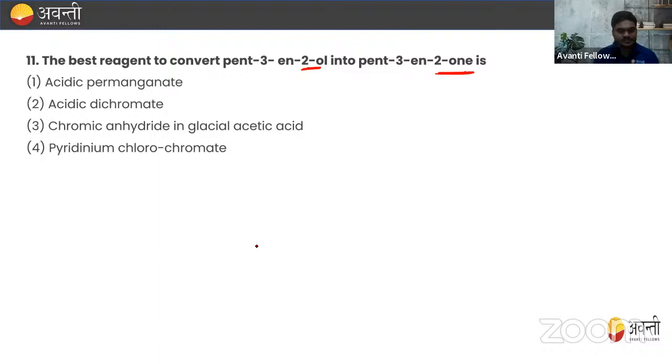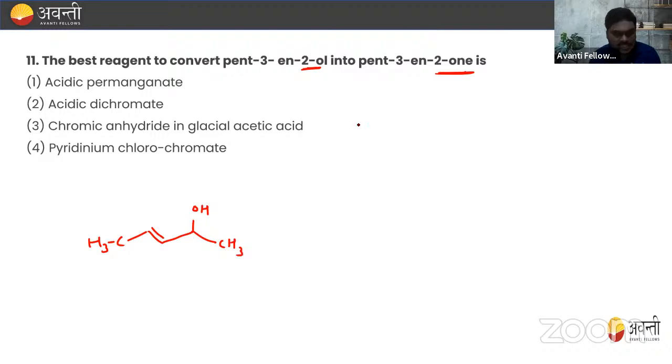Okay, let's see which option is correct for this. Let me draw the structure first. Someone says option 4, someone says option 3.